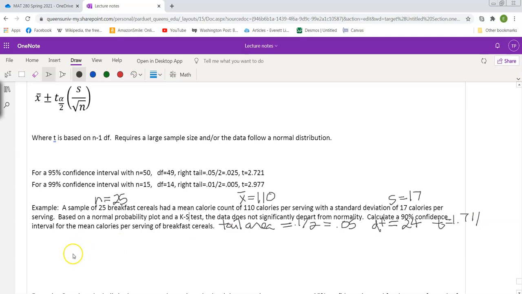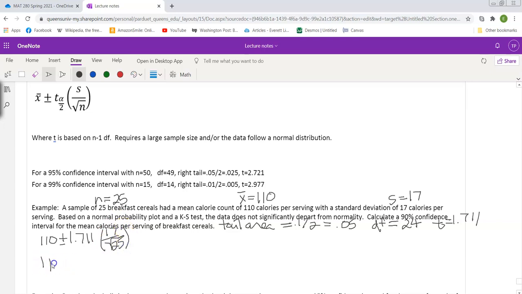So now it's just plug and chug. Plug in for X bar, so 110 plus or minus 1.711 times S, so 17 over the square root of 25.